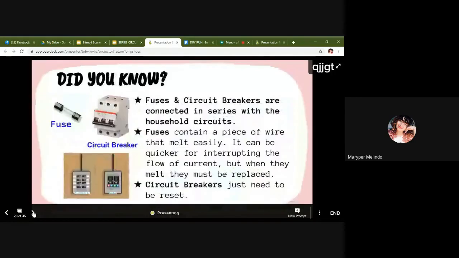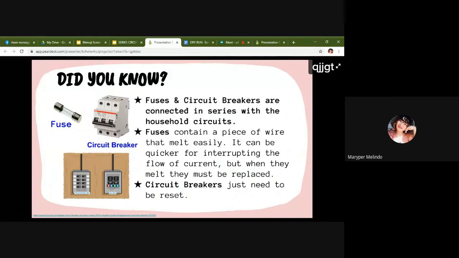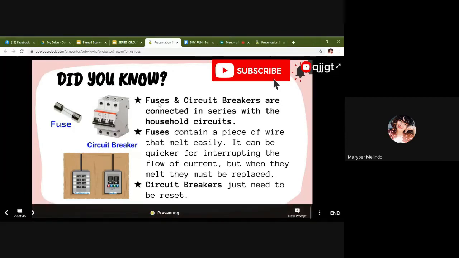Okay? And, did you know that we use fuses and circuit breakers in our homes to prevent and also to protect us from accidents that could cause fires. So here we have fuses and circuit breakers connected in series with the household circuit. Bakit siya dapat naka-series?